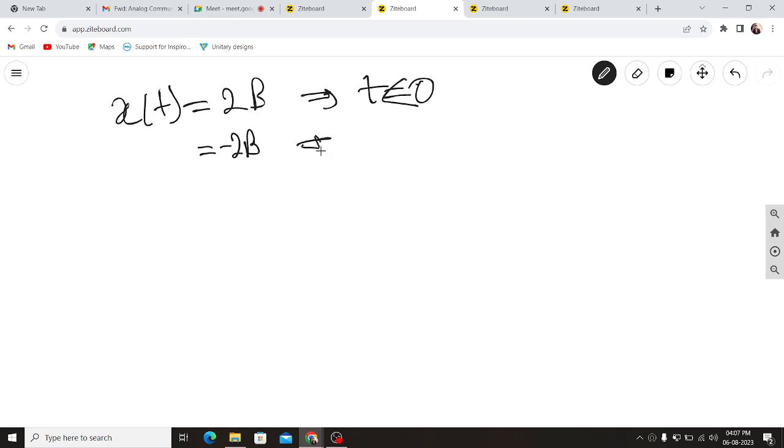So the function was written as x(t) is equal to 2b if t is less than 0, and equal to minus 2b if t is greater than 0. This was the question, so let me draw this.